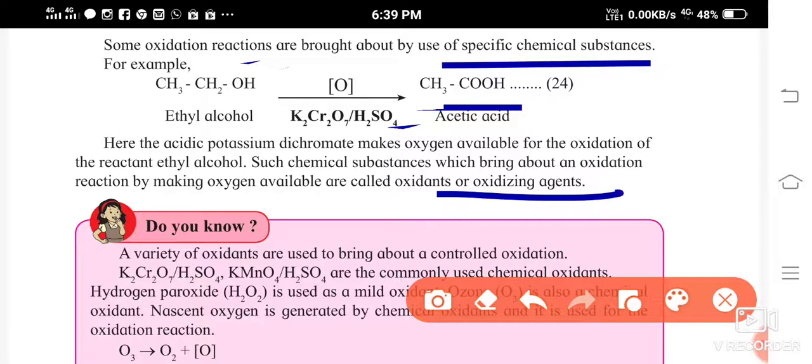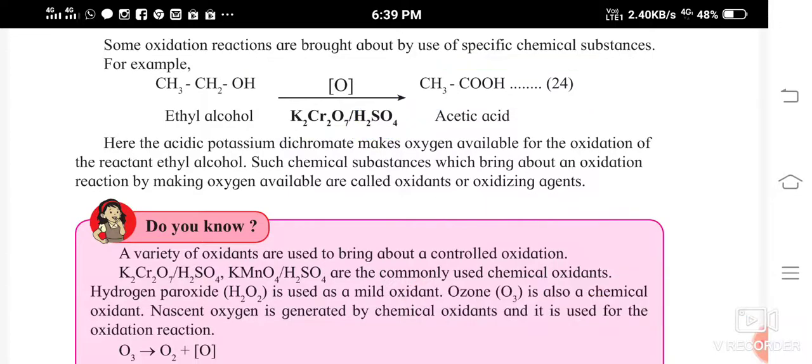So which are the oxidizing agents in this reaction? Potassium dichromate, or this sulfuric acid.